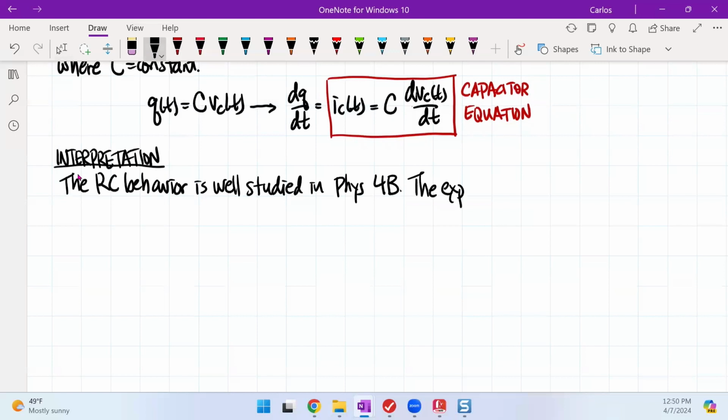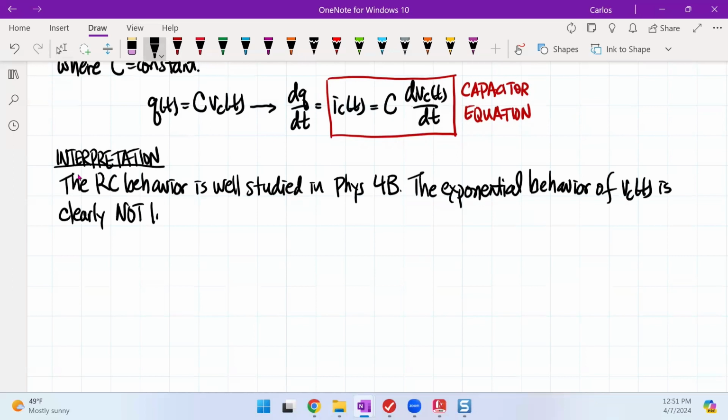The exponential behavior of VC of t is clearly not linear, since its slope constantly changes.